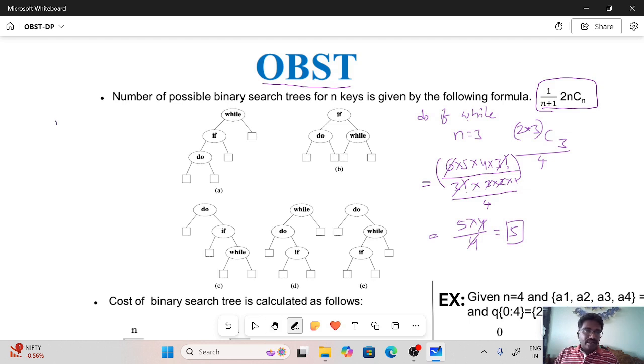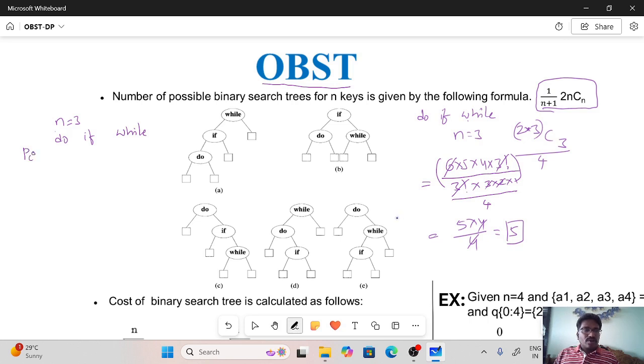So my number of keys is 3: the first element is do, the second is if, and the third is while. The frequency for searching, in the sense that I am verifying do, is how many times I search for do. That frequency I label as pi.